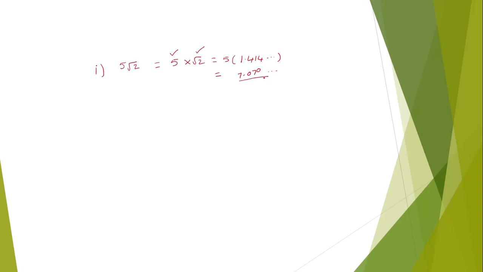The product 7.070 is an irrational number. That means a rational into an irrational gives us an irrational.